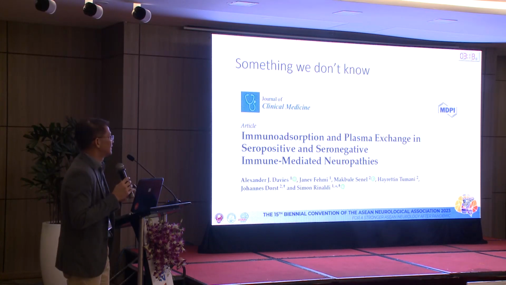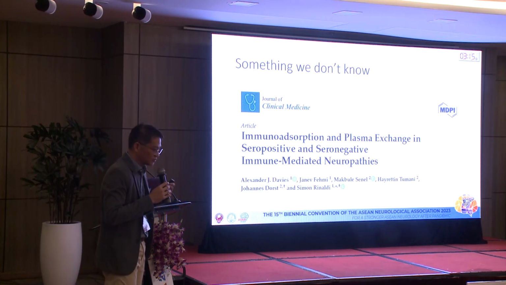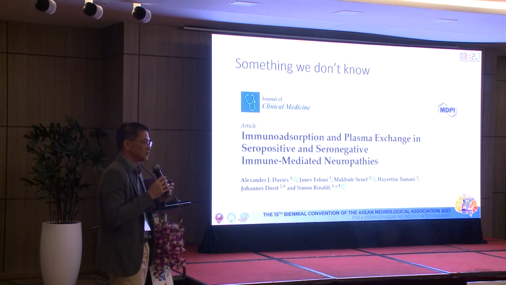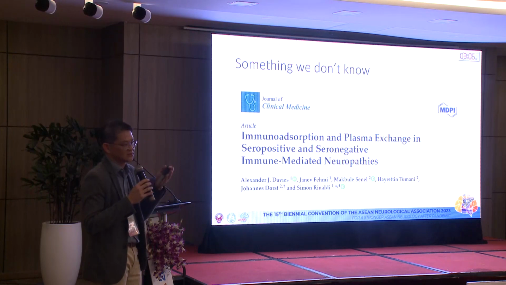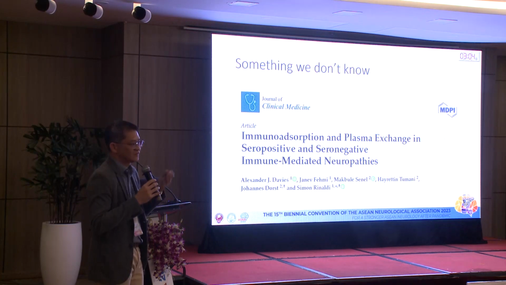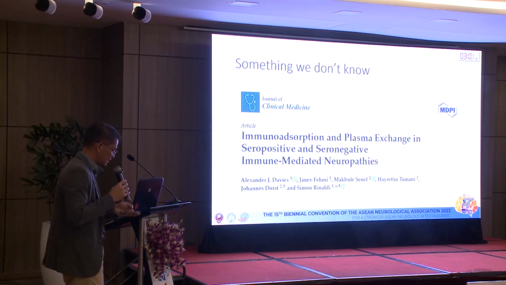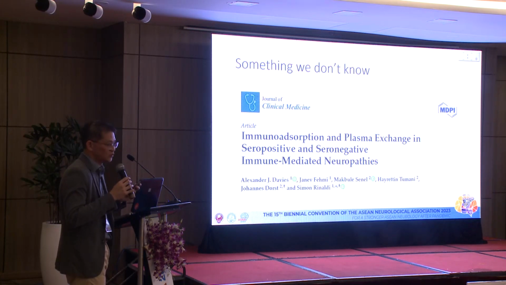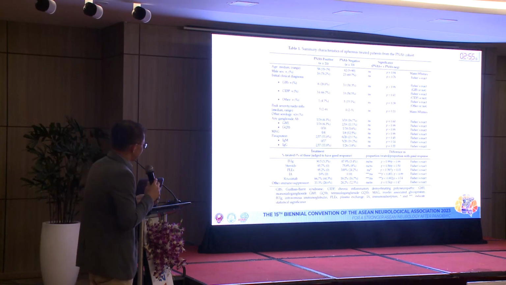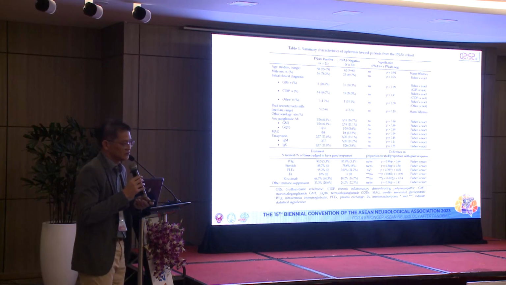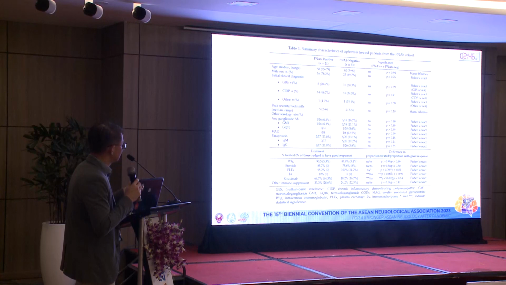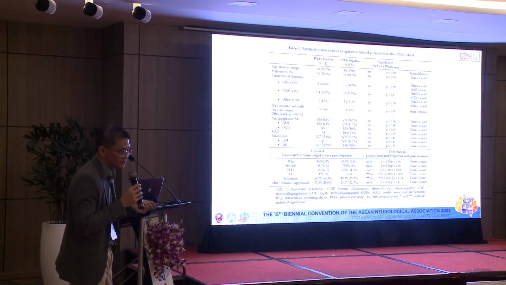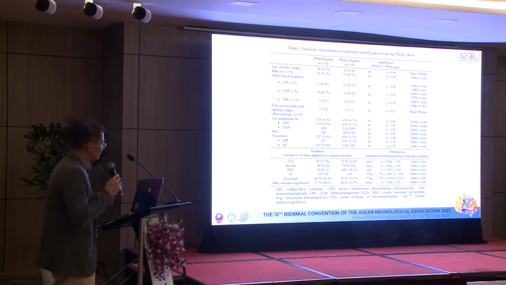And we do see some patients that come to you with autoimmune neuropathies, but we do not know what kind of antibodies they have. And most of the time when you send ganglioside antibody, when you send nodopathy antibody, you do not find anything. But you know that this group of patients has what I call seronegative immune-mediated neuropathies. So this is a very interesting study that looks into the use of plasma exchange and also immunoadsorption in patients who are paranodal antibody positive, compared with paranodal antibody negative patients with neuropathies.